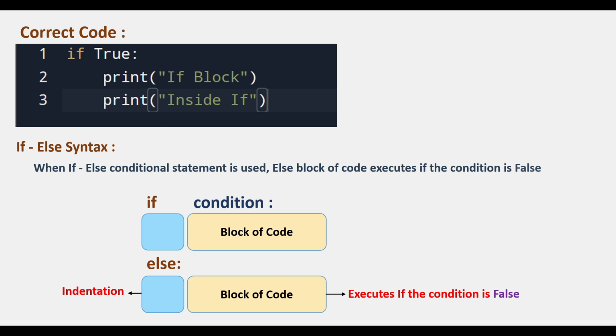What does that mean? If the condition is true, this block of code will be executed, otherwise the else block of code will be executed. For example, suppose n % 2 == 0, that is, if n is an even number. Here n is a number, which must be 2, 4, 6, 8.